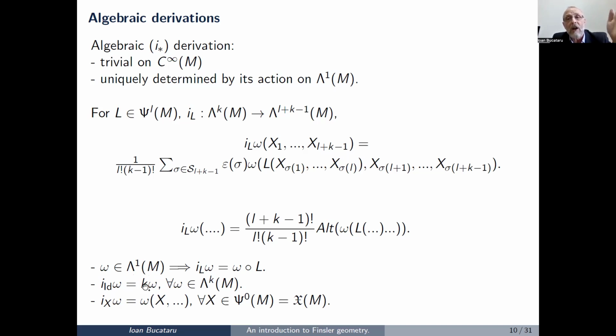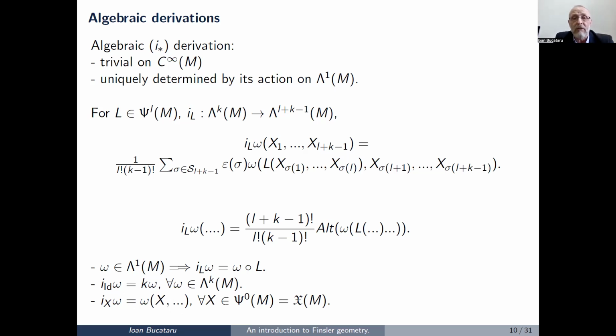So it takes omega into something proportional with omega, it associates omega with a k form. If X is a 0 vector valued form, so it's a vector field, then this is the usual inner product.